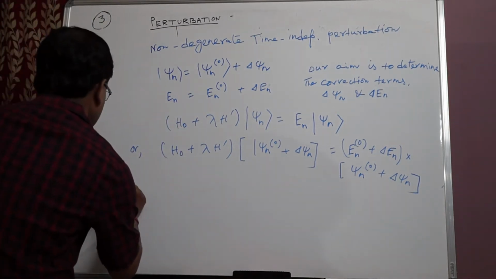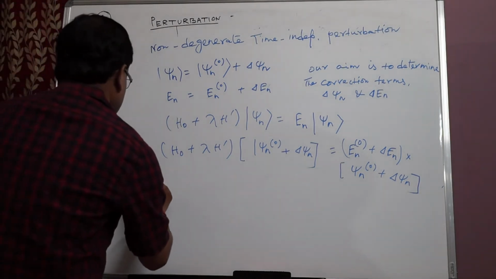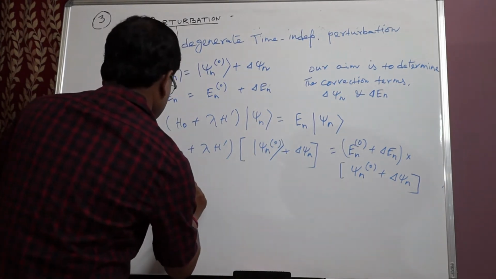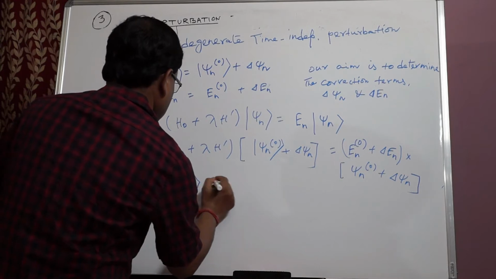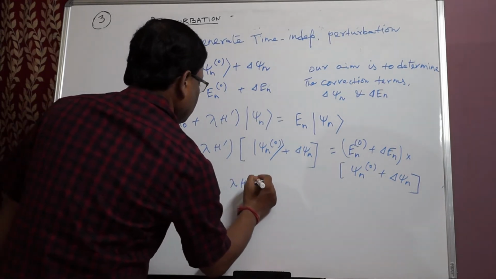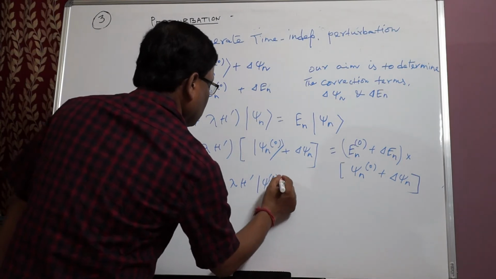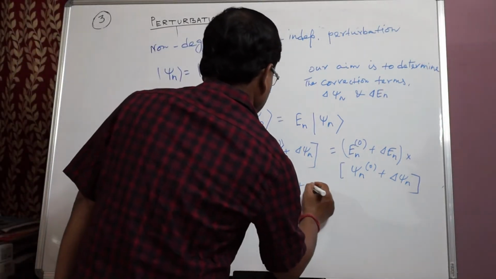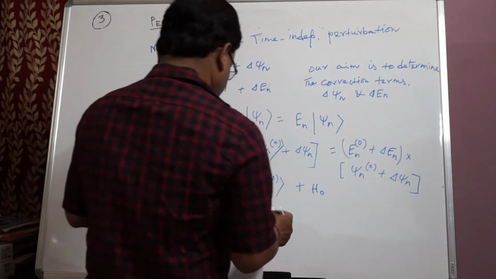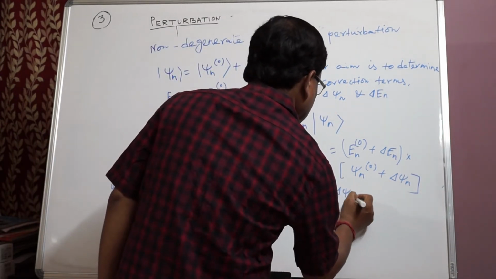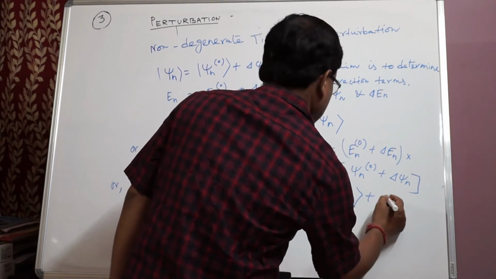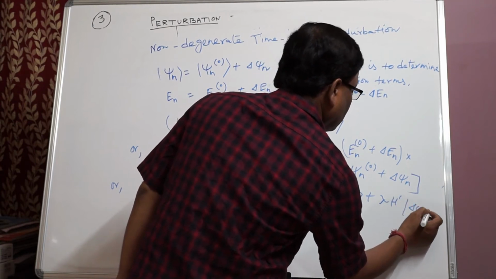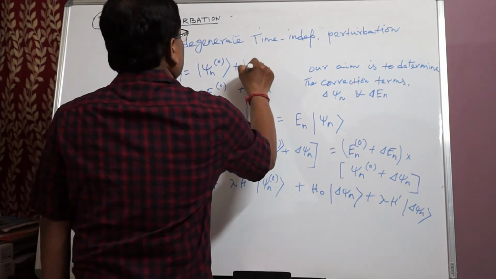And I expand these two sides, so I write H0 psi n0 plus lambda H prime psi n0 plus H0 del psi n plus lambda H prime del psi n. So I write it here also.